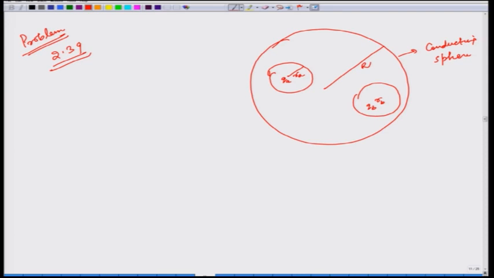So what I want to tell you here is that this is a conducting sphere. In a conductor we know that this QA will attract negatively charged electrons around the cavity such that they will try to oppose it. For QA, this negative charge will be minus QA.